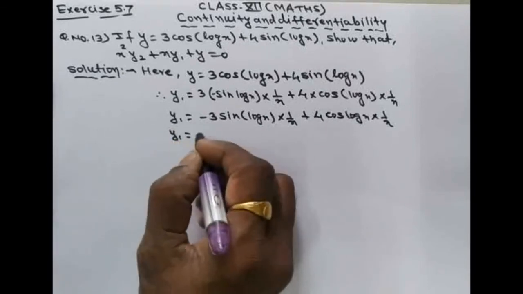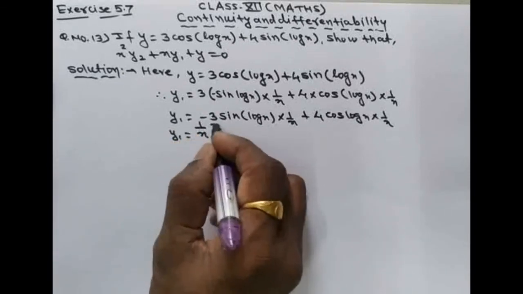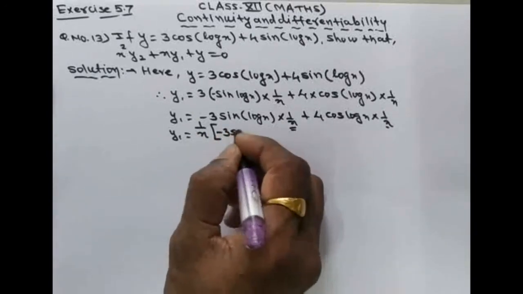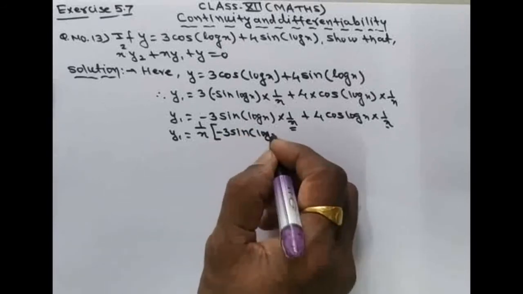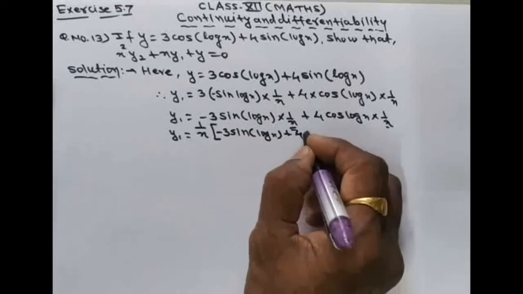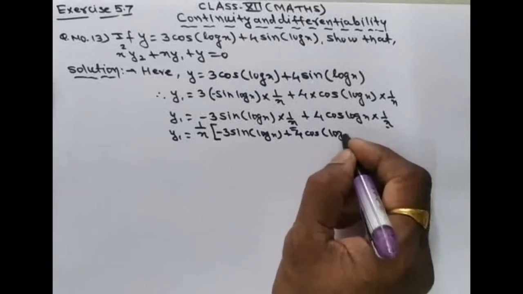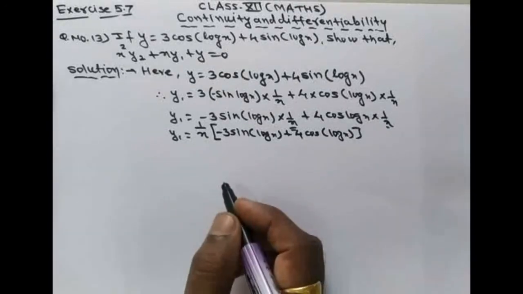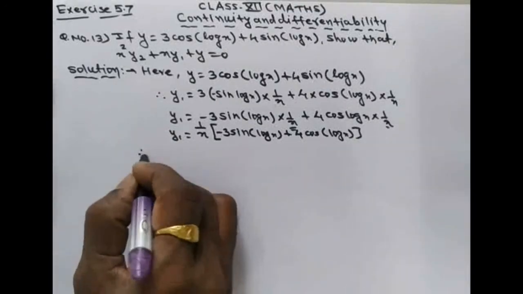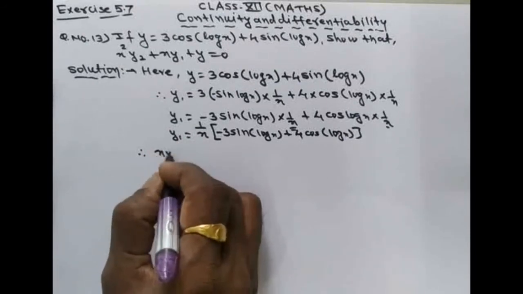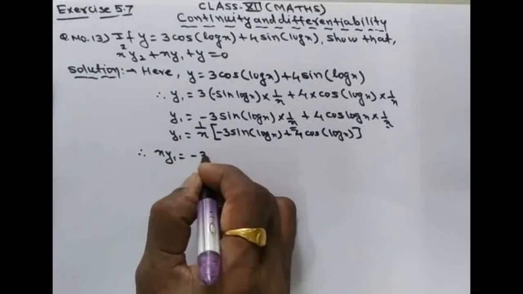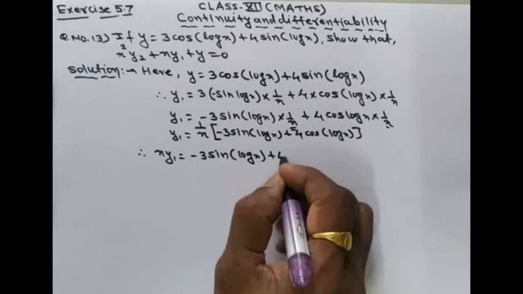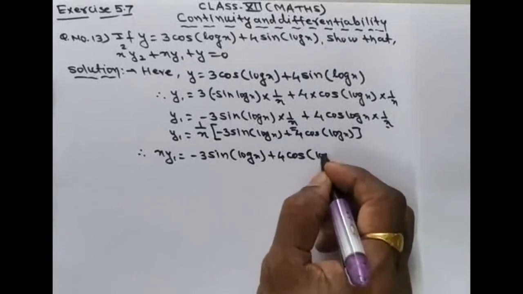So y1 equals 1 upon x in bracket, minus 3 sin log x plus 4 cos log x. Now take this x into y1. So x into y1 equals minus 3 sin log x plus 4 cos log x.